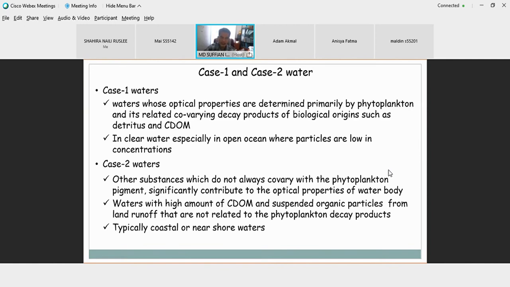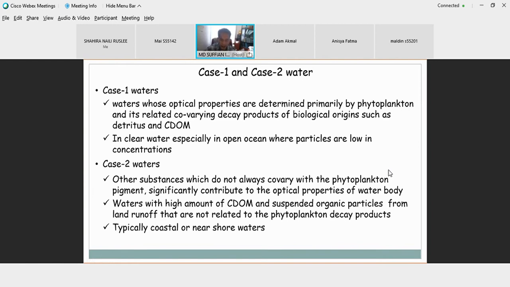Bermaksud bahawa perairan tu, the optical properties is dominated by the optical properties of phytoplankton and their degradation products that produce suspended particulate matter and CDOM, meaning that the origins of SPM and CDOM is from phytoplankton, especially in the clear water, in the open ocean water.